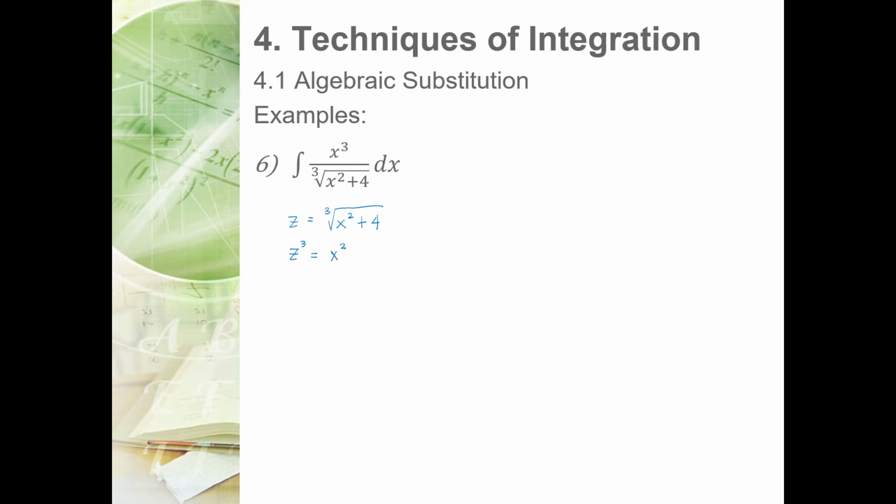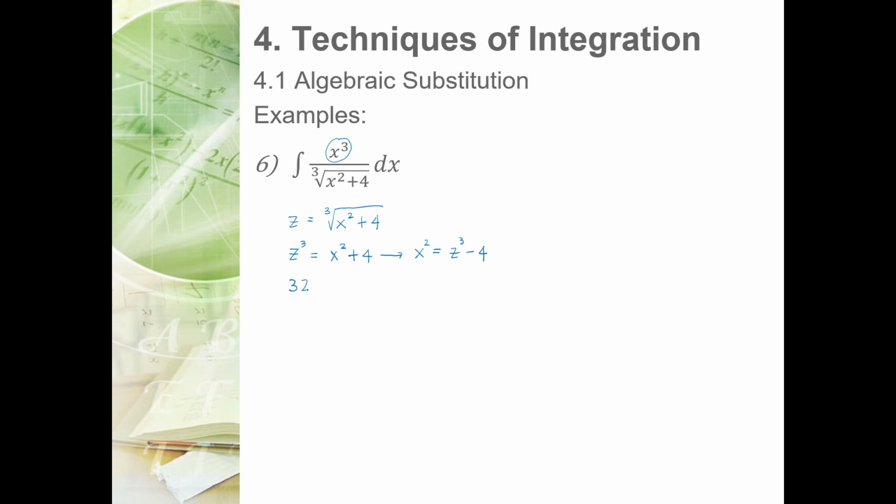So z cubed equals x squared plus 4. If you try to isolate x here, you're going to have x squared equals z cubed minus 4. So notice that the given number here is x cubed, right? We'll try to figure that one out later once we are done deriving the z parameter.